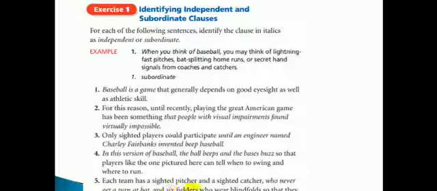And 6 fielders who wear blindfolds so that they don't have a visual advantage. So we have here another independent clause: 6 fielders who wear blindfolds. Here I can say that's an independent clause. So that they, till the end of the clause, is a dependent clause because it started with so that, which is a subordinating conjunction.